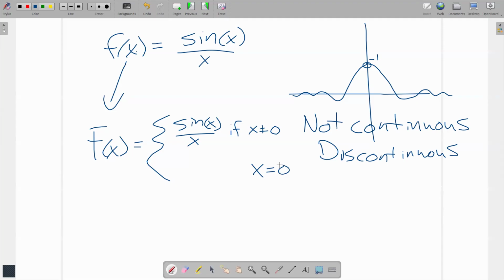What's the obvious number we should use? 1. So we would just plug in 1, that's it. This capital F function is continuous because we plugged the hole. So if the hole is pluggable, it's said to be a removable discontinuity.